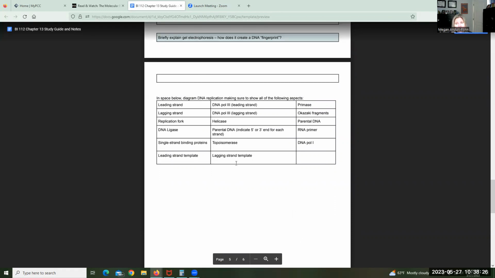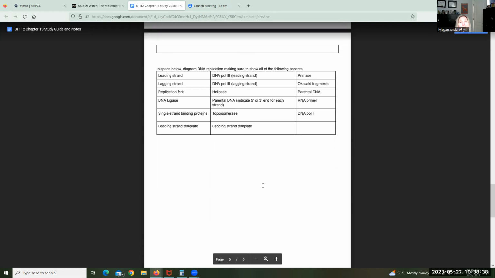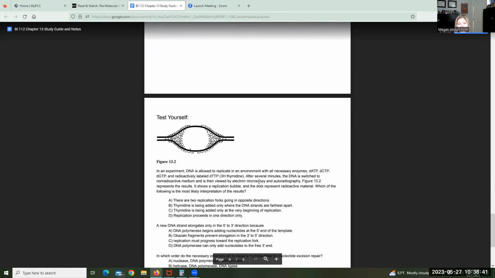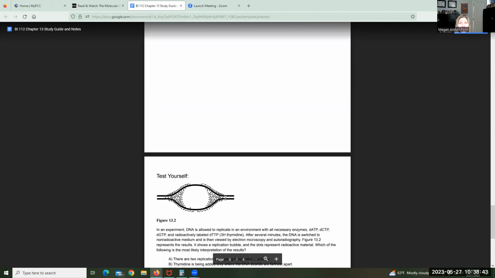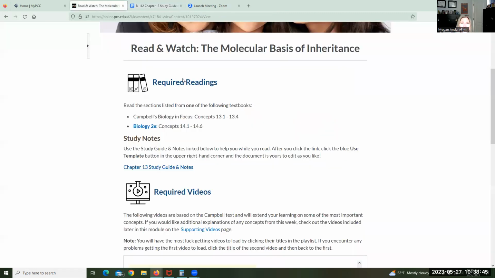So what is the leading versus the lagging strand? What's the replication fork? What are the Okazaki fragments? What do they do? What's helicase versus topoisomerase and so forth? Diagramming it out will help you visualize everything. And then we have some test yourself questions.